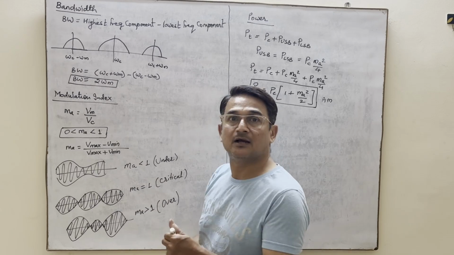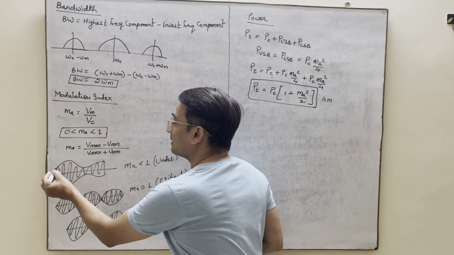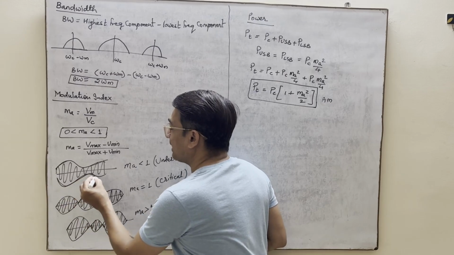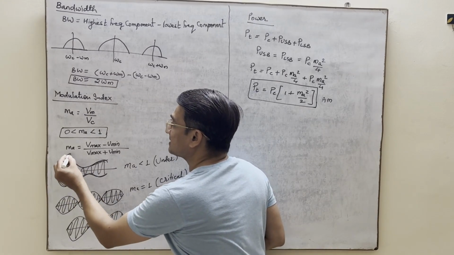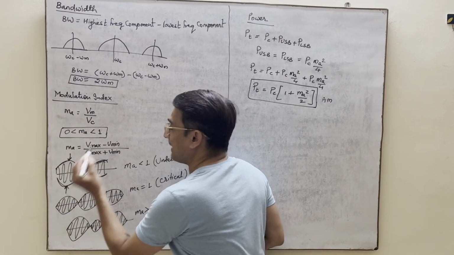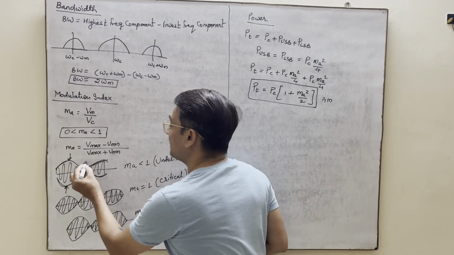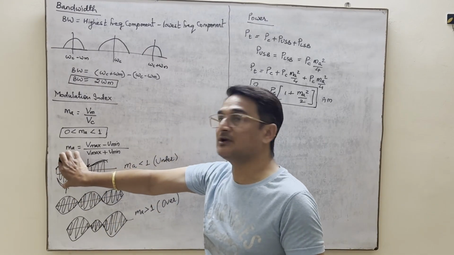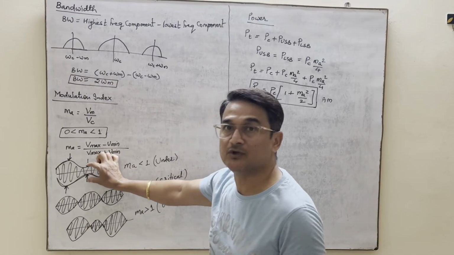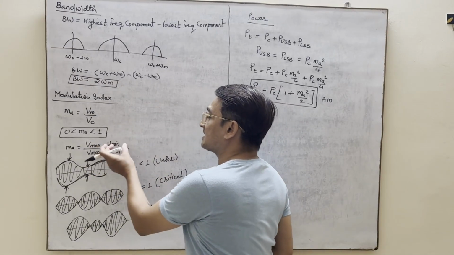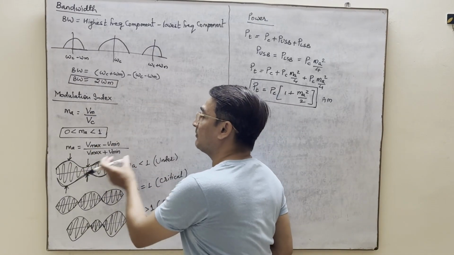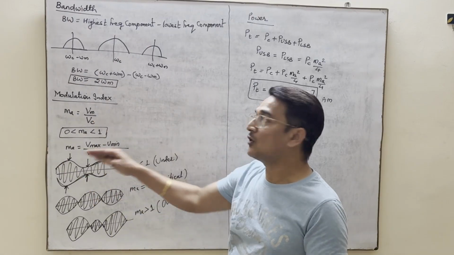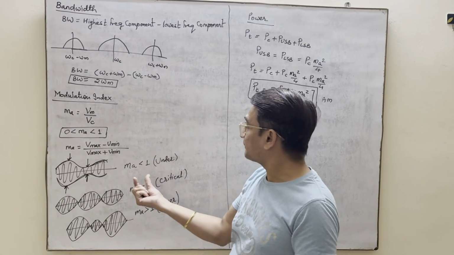When you measure the amplitude modulated signal, this part is the maximum voltage and this part is the minimum voltage. So this value is Vmax and this value is Vmin. Through this formula you can calculate the modulation index for an AM signal.